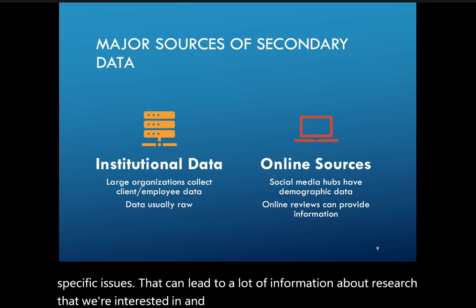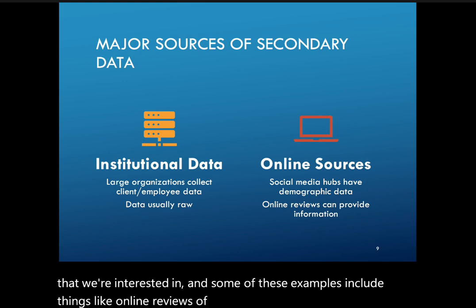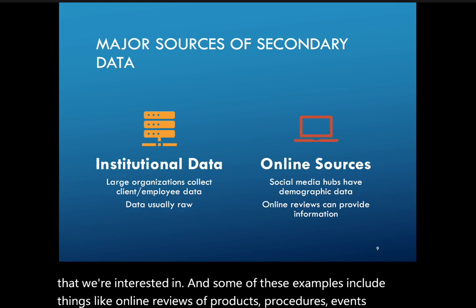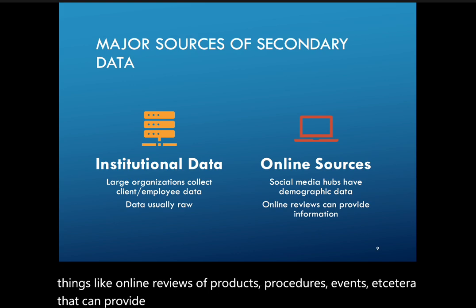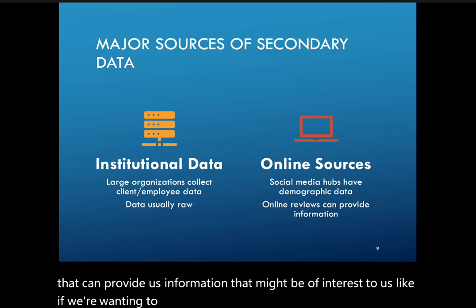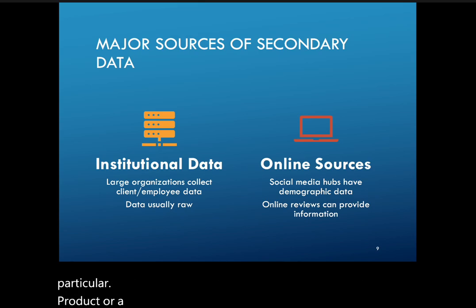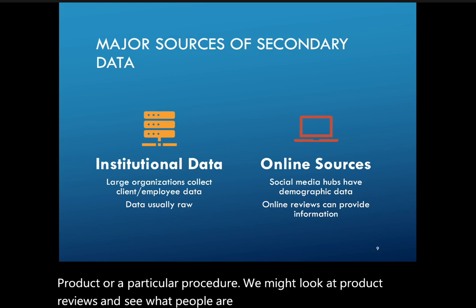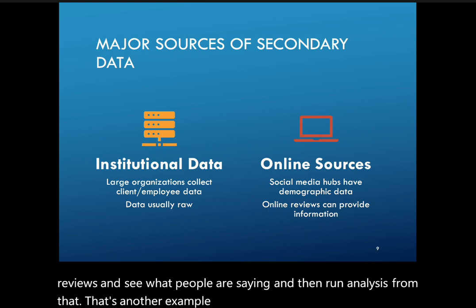Some of these examples include online reviews of products, procedures, events, etc., that can provide us information that might be of interest to us. Like, if we're wanting to look at views on a particular event or a particular product or a particular procedure, we might look at product reviews and see what people are saying and then run analyses from that. That's another example of secondary data.